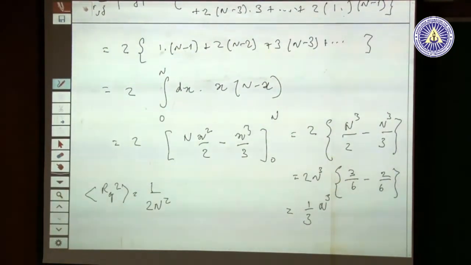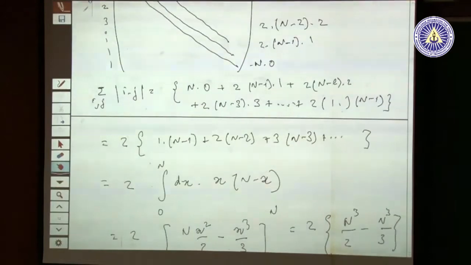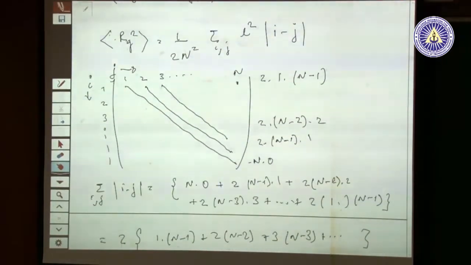So this is times 1 over 3 n cubed. Oh, and there was an L squared. I am missing an L squared. I just want to make sure I wasn't missing this L squared up here as well. I had it in there. Okay, sorry.